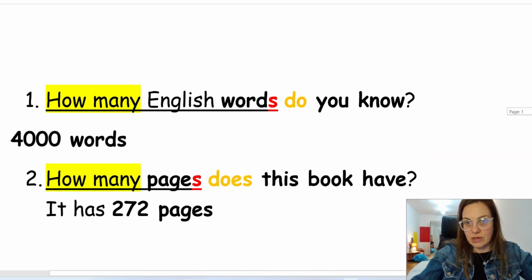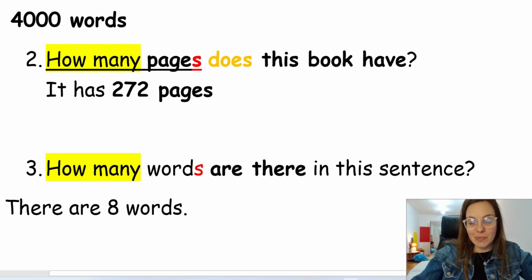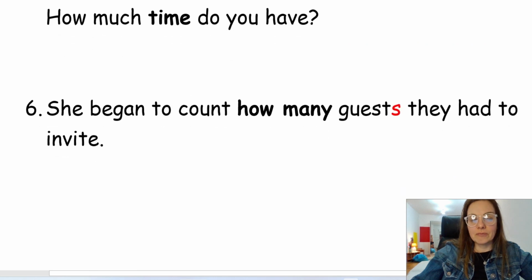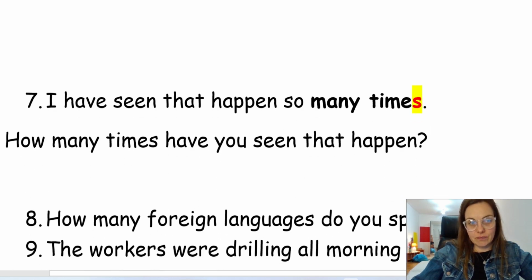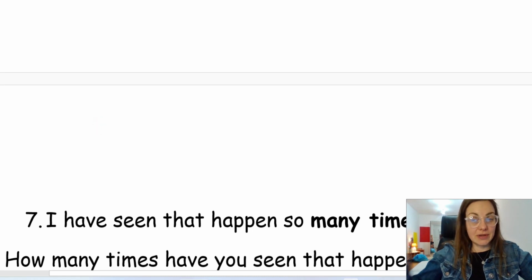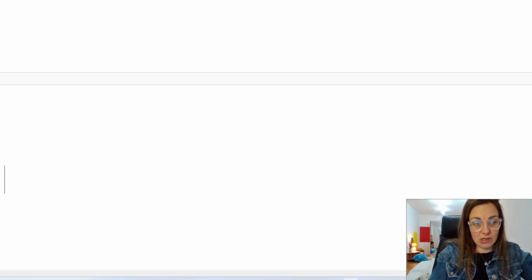we put S to the noun. How many words, how many pages, how many times, how many guests, how many books, etc. Of course, when the noun is irregular, then we don't put S, but we know that it's plural.